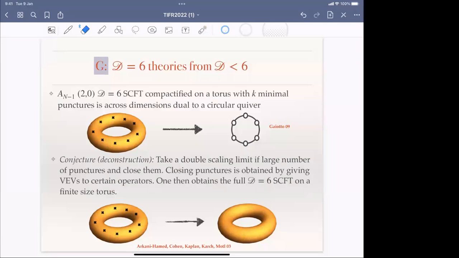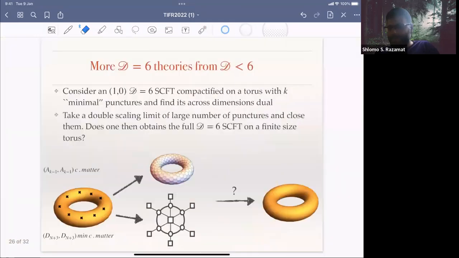Okay. But it is a claim which exists there. So one thing that one can do, since we now understand compactifications of many 6D theories on tori with punctures, is try to come up with constructions of many other 6D SCFTs. Again, we don't know 6D Lagrangians for any of them, but we can proceed with the same procedure for them.